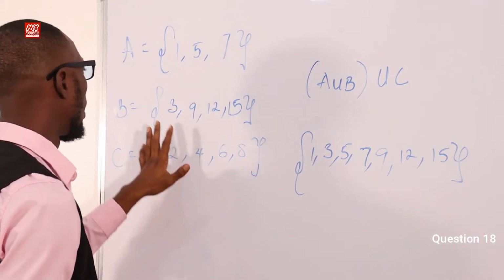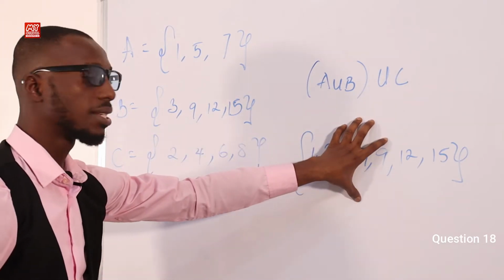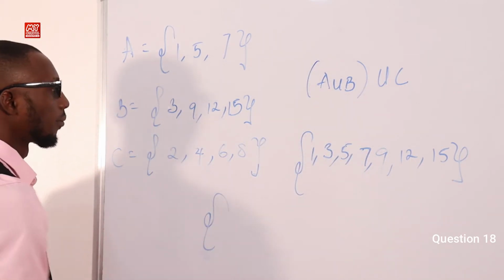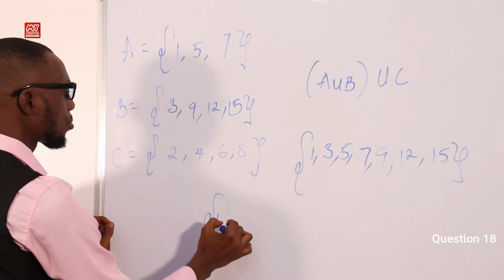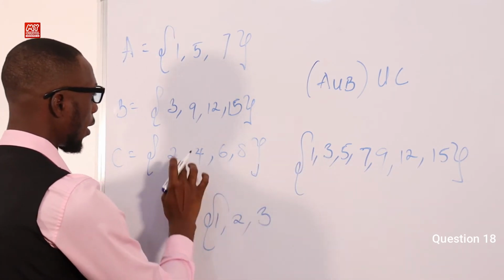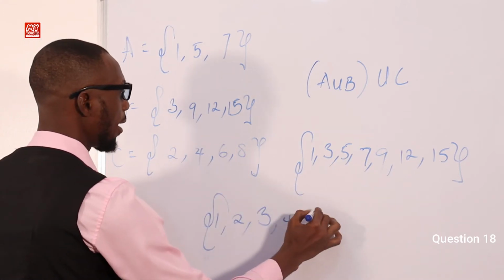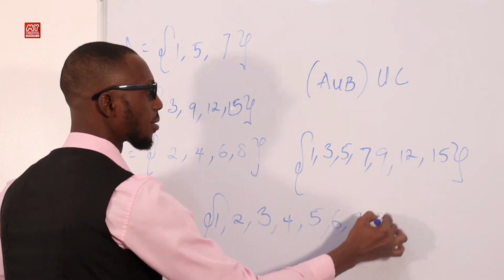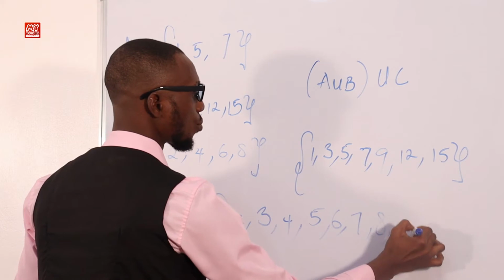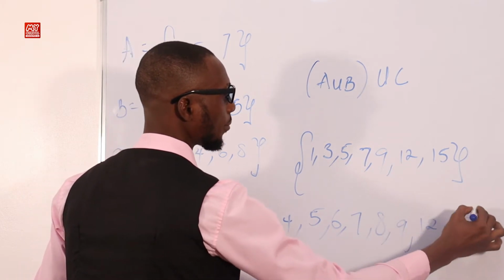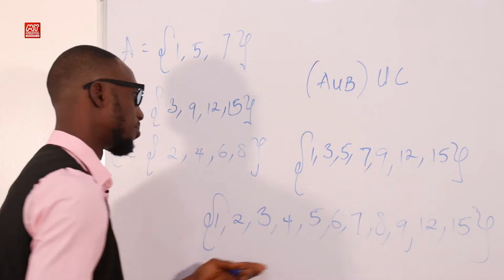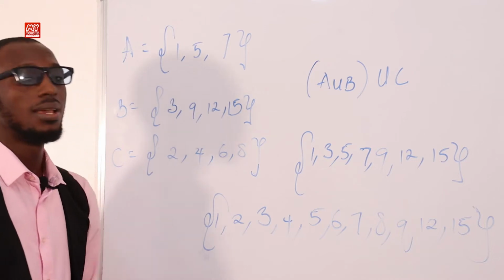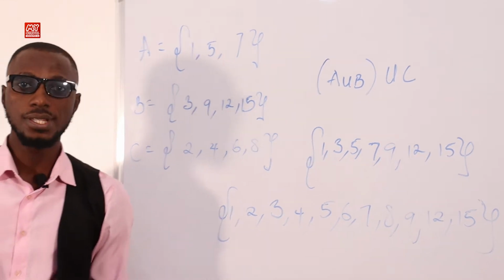Now let's bring A union B, then union C. So what I'm going to have will be 1, 2, 3, 4, 5, 6, 7, 8, 9, 12, and 15.